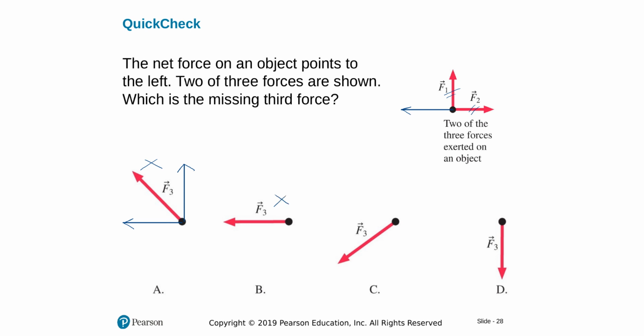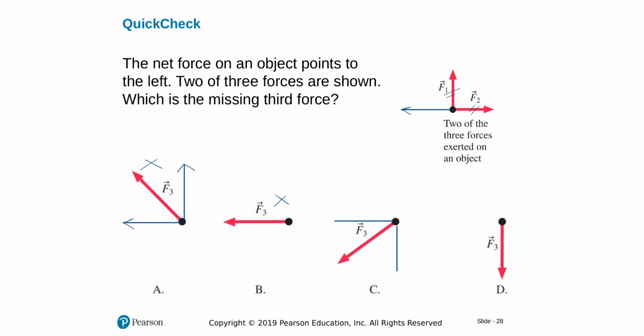When I get to this force, I'm going to look at its components. There's a down component that can cancel F1, and there is a left component that can cancel F2.